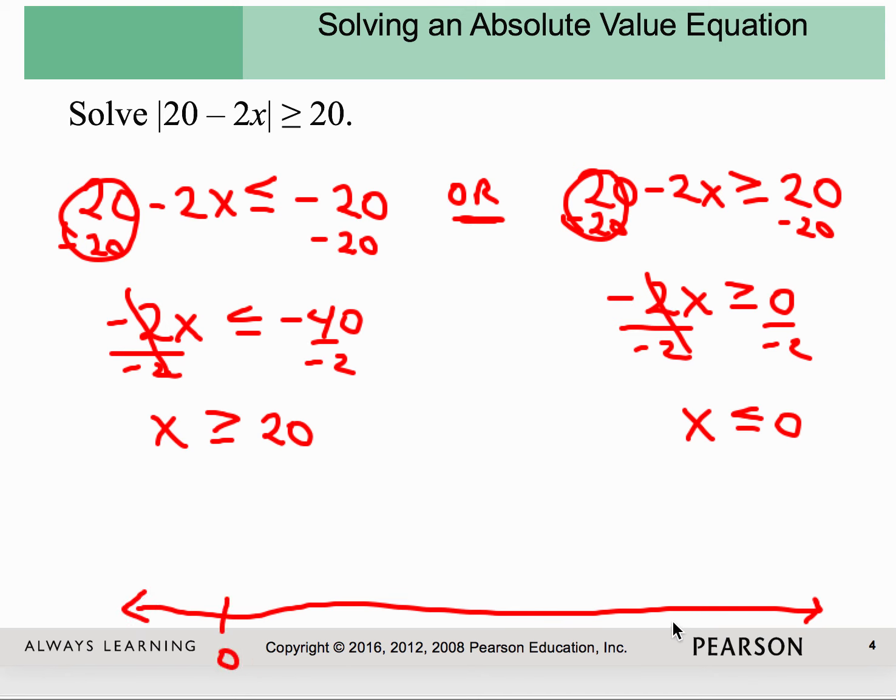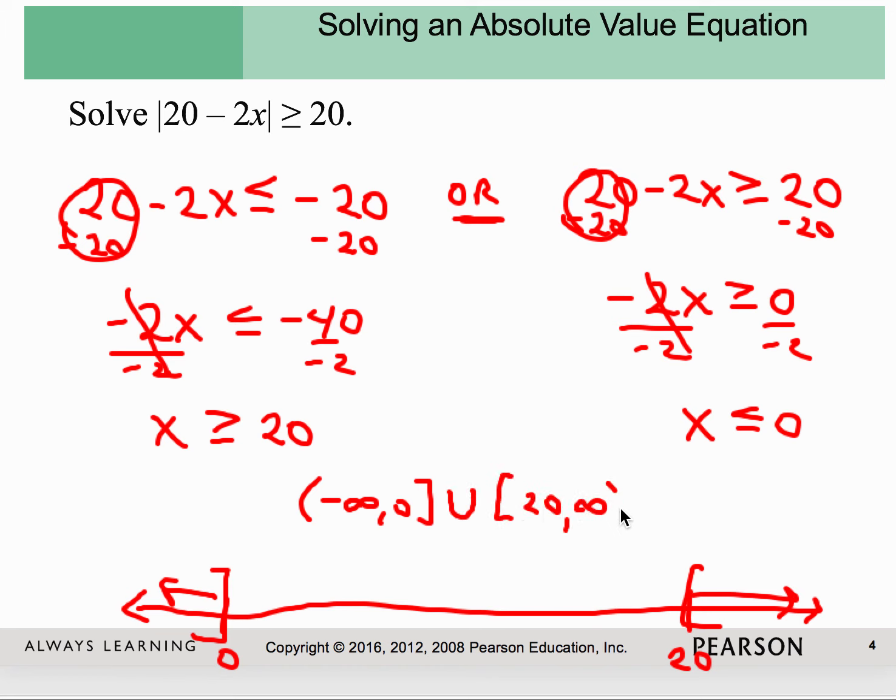Here's a 0, and let's say here's 20. So greater than or equal to 20, less than or equal to 0. Okay, that means my interval looks like negative infinity to 0 or 20 to infinity.